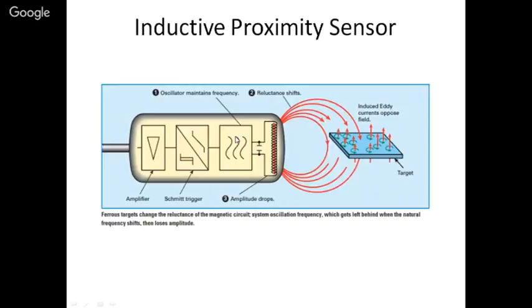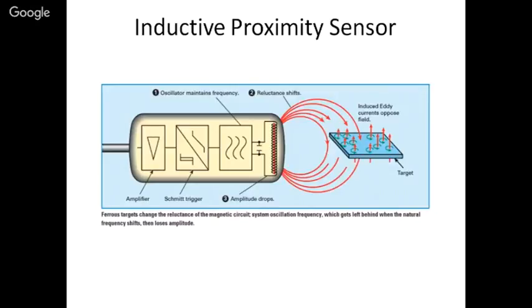An oscillator is kind of an inverse of a rectifier, which converts AC to DC. So this converts DC to AC. The oscillator generates an alternating current and there is a coil. Since this current is alternating, a magnetic field is set up, and that magnetic field is continuously changing because it is AC.